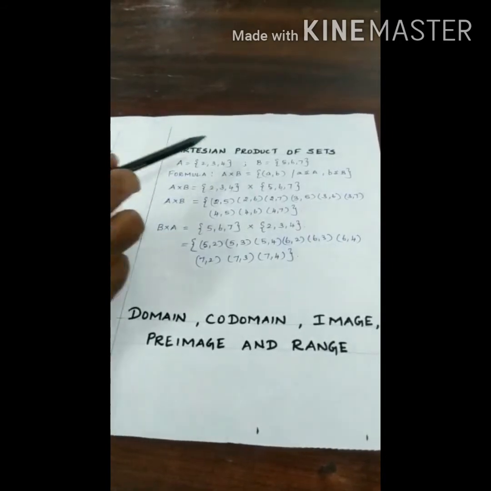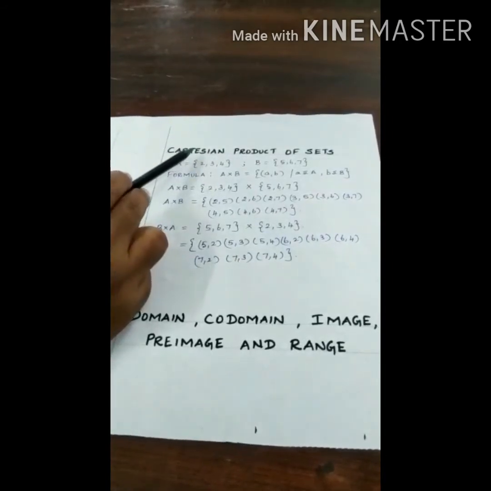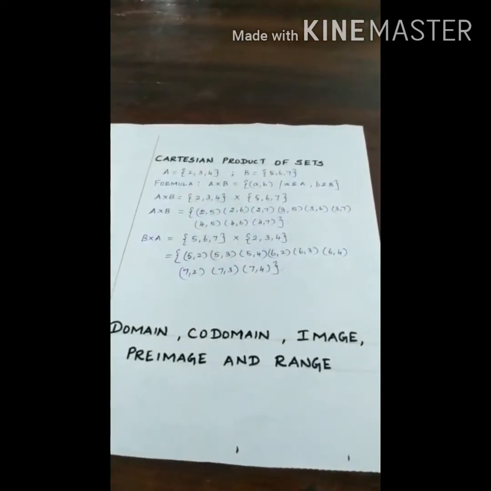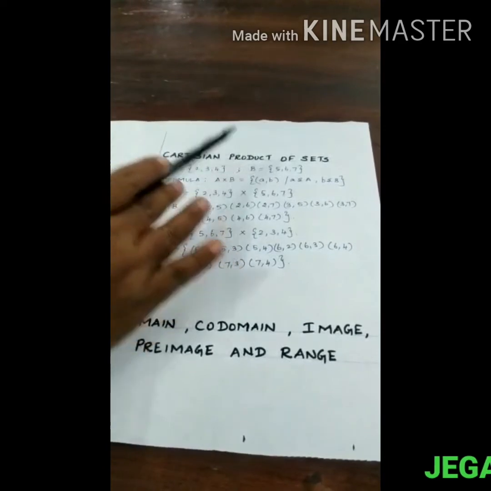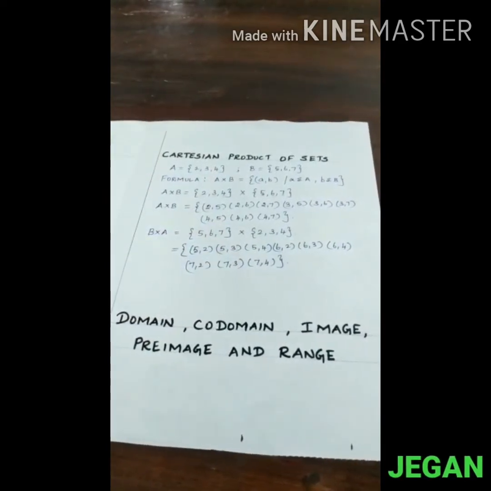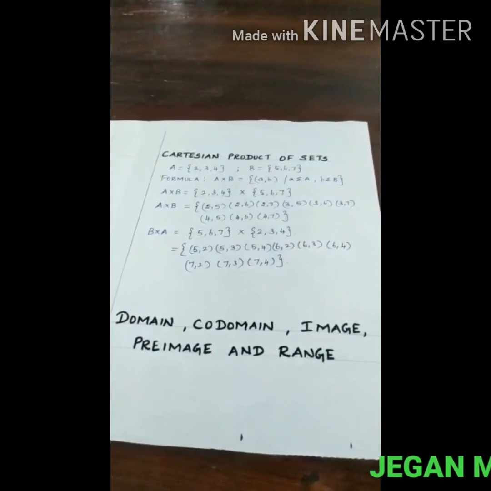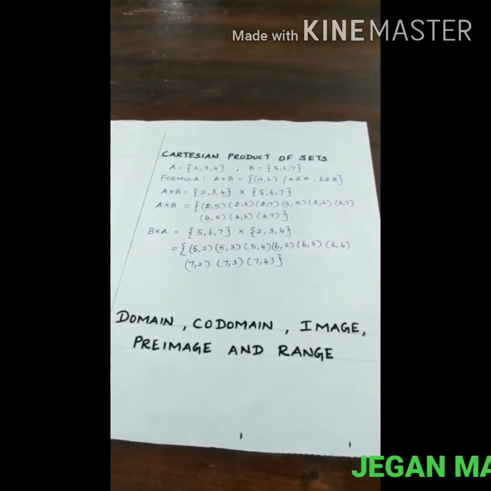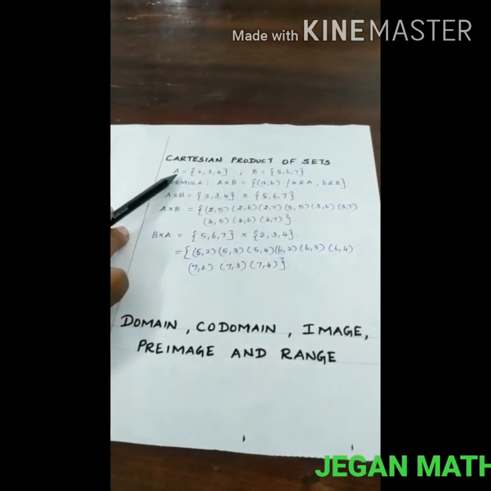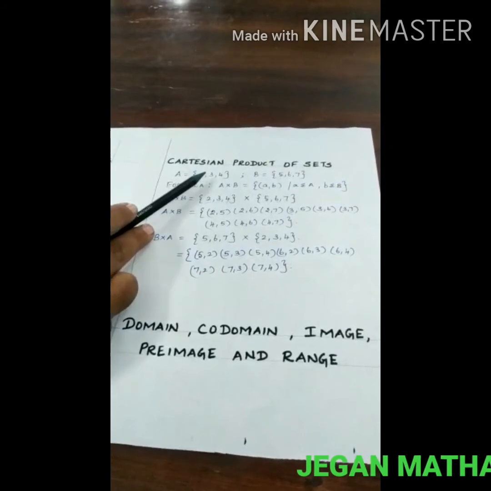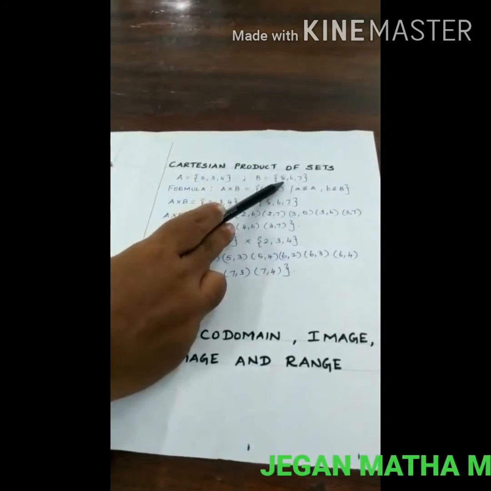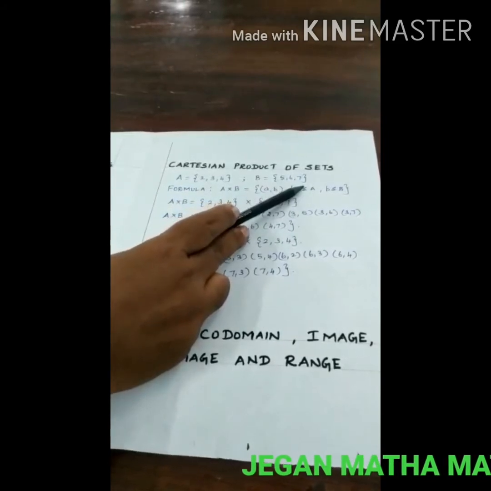Cartesian product of sets. What do you mean by Cartesian product? The set of all the ordered pairs of elements of two sets is called the Cartesian product. Consider A = {2, 3, 4} and B = {5, 6, 7}.